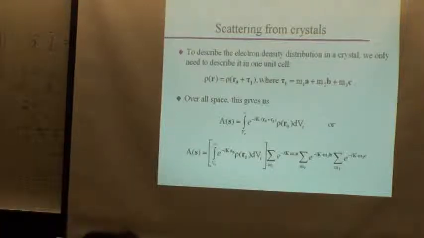That is what was done here, okay? We pulled that tau out. We said this is e to the minus i k r0 times e to the minus i k tau 1. And then we said, well, tau 1 itself is a sum, so once again we can multiply these. And that is how you can get to the point where you can draw these out of the integral and replace them by a summation sign.